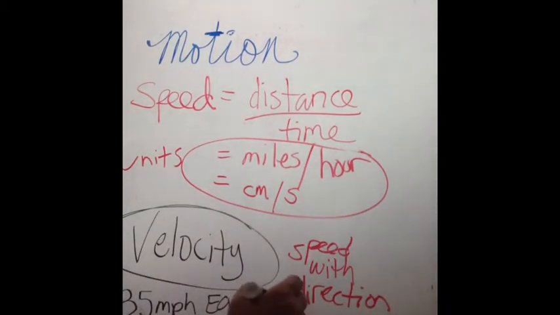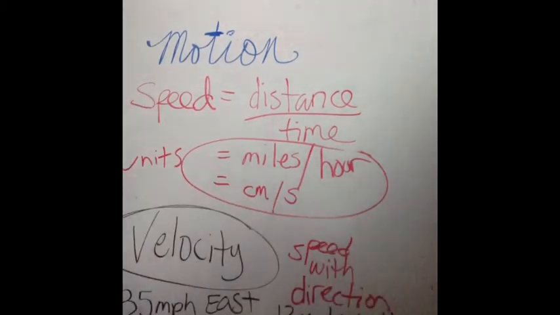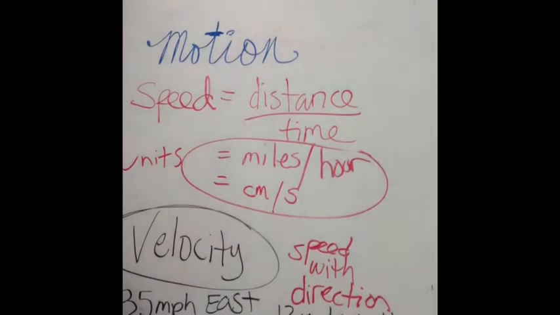My Hot Wheels car, maybe it moved 12 centimeters per second. That's speed. But if it moved 12 centimeters per second north, that's velocity. Velocity is just speed that has the direction that it's going in.